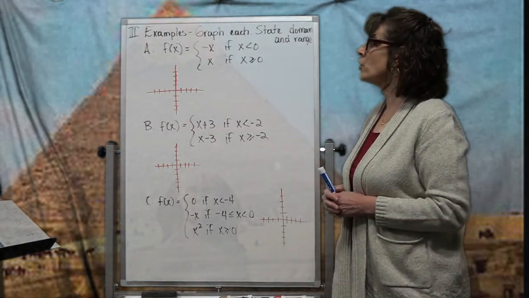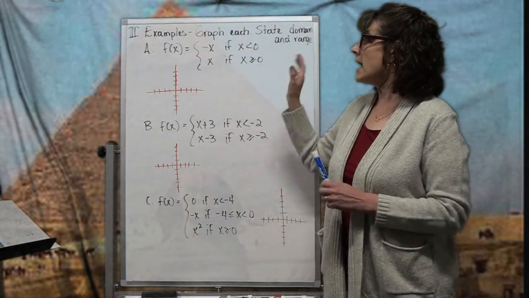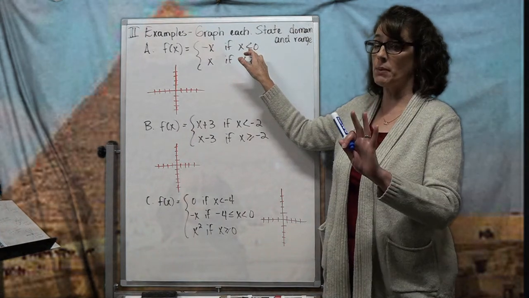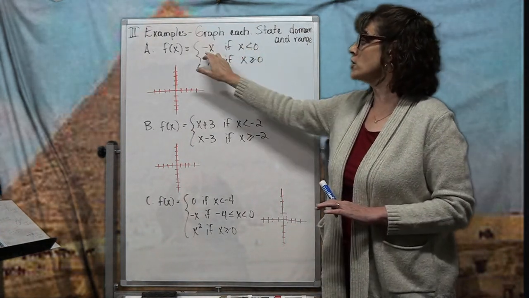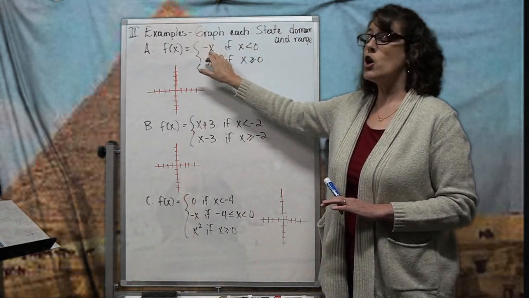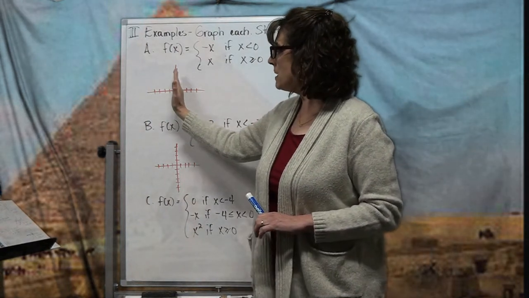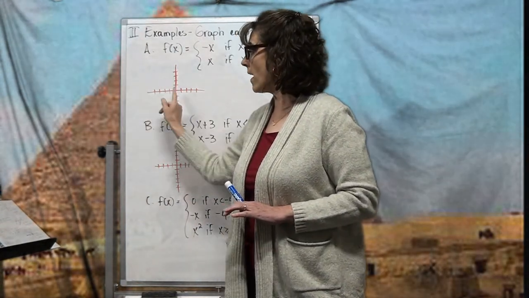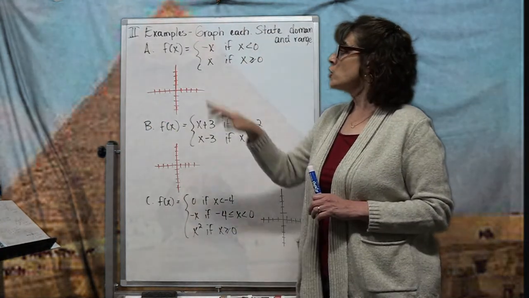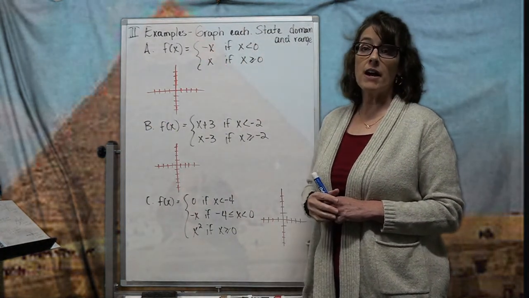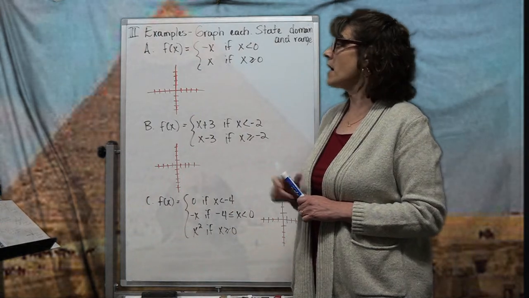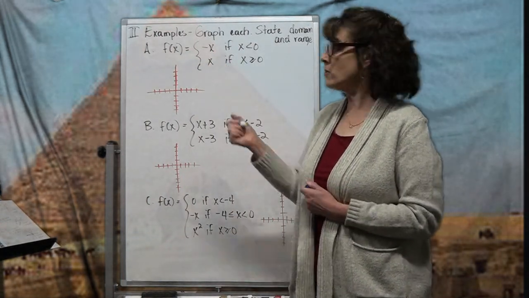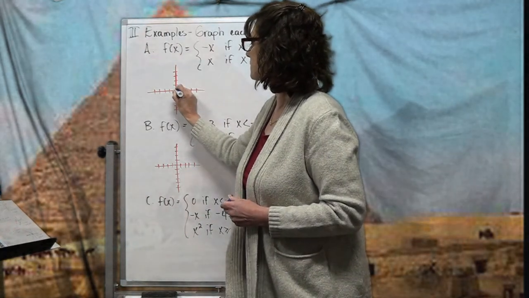But here, in order to graph it, notice this says, if my x is less than 0, not including 0, just simply less than 0, then my function is going to be this right here, negative x. So I'm going to say, okay, x being less than 0 is everything on this side of my graph. Here's all my negative x's. So I'm going to graph a negative x. Now what that indicates is this is going to be a line, and it's going to have a y-intercept at 0.